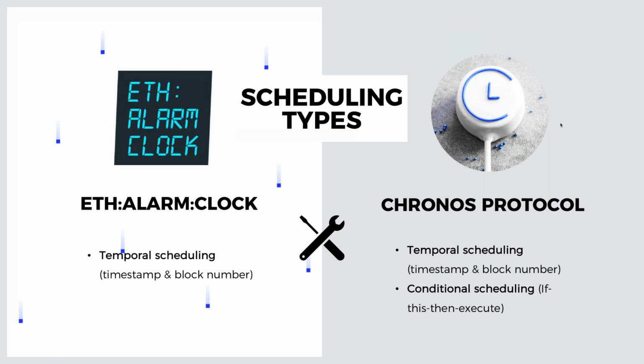Definitely, Joseph. So, just as I said before in the previous webinar, the Chronos protocol is the alarm clock on steroids. It includes in itself everything the alarm clock can do and even more. Beyond just the temporal scheduling, it also has conditional scheduling.